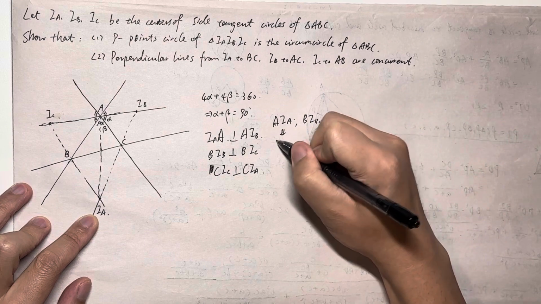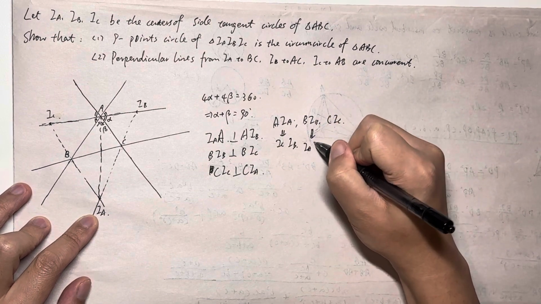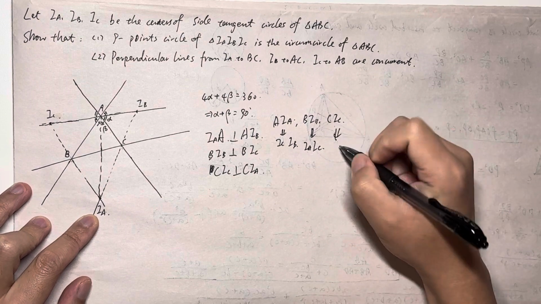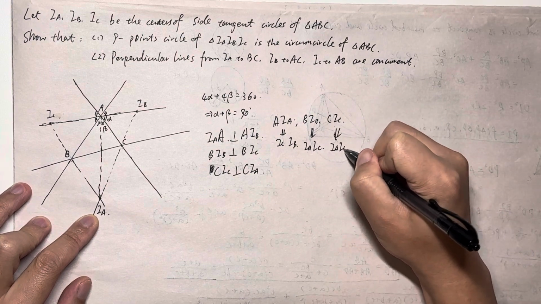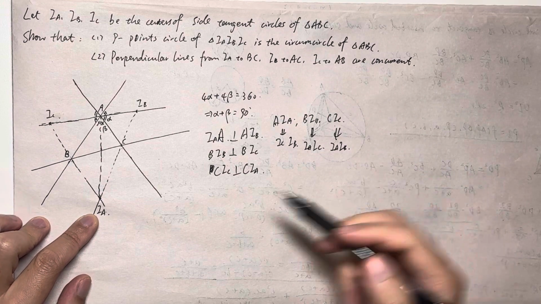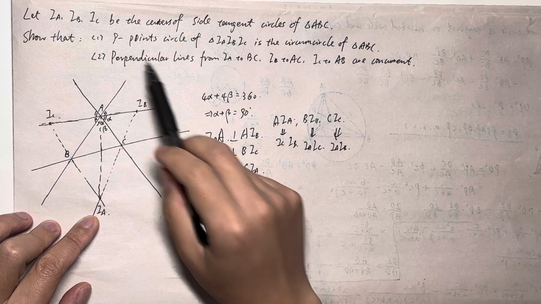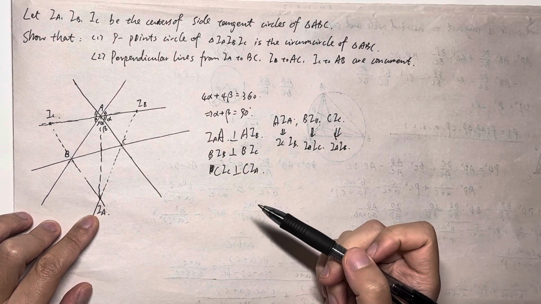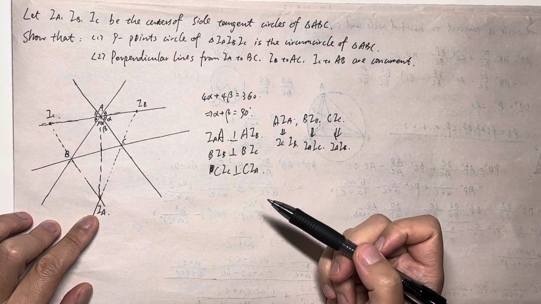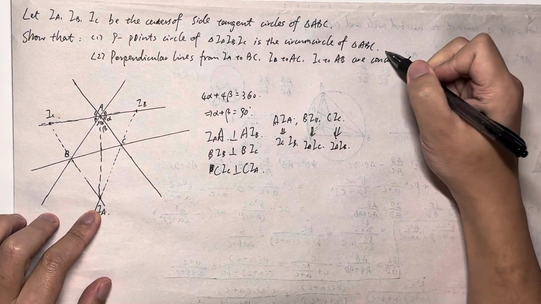This for the side ICIB, this for the side IAIC, this for the side IAIB, right? They are altitudes of these sides. Of course, that A, B, C are on the 9-point circle of the triangle IAIBIC, right? That's the foot of the altitude. So we just proved this one.